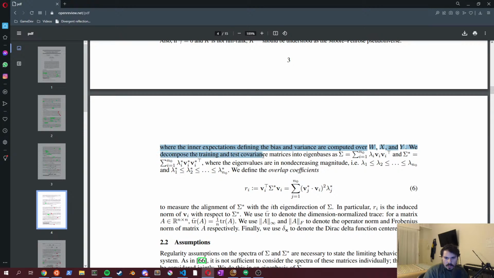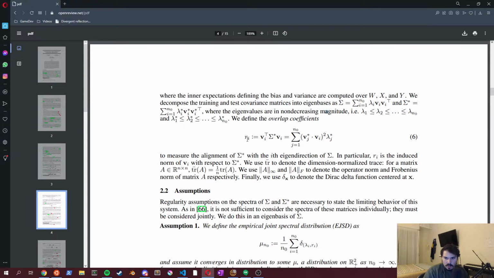We decompose the training and test covariance matrices into eigenbases as sigma equals this sum, and sigma star equals this other sum, where the eigenvalues are in non-decreasing magnitude. We define overlap coefficients Ri to measure the alignment of sigma star with the ith eigendirection of sigma.